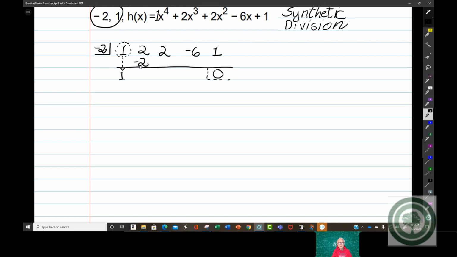Then you add the two numbers. 2 plus -2 is really 2 minus 2, which is 0.